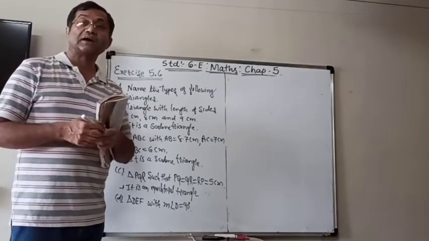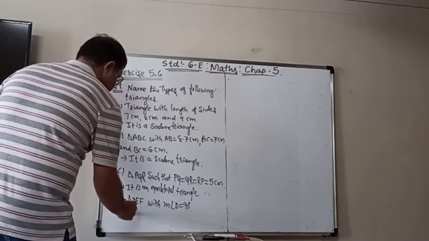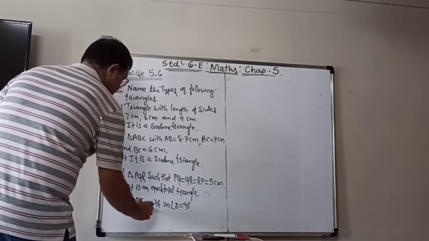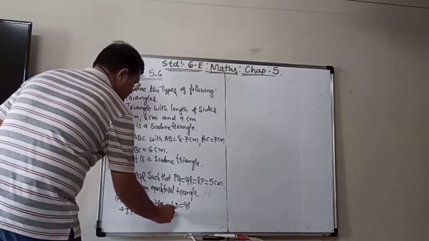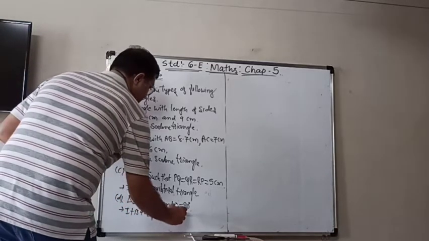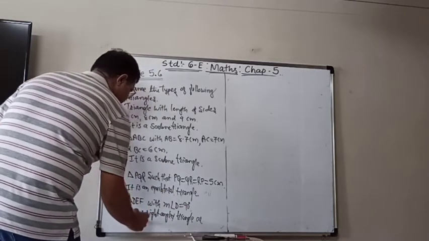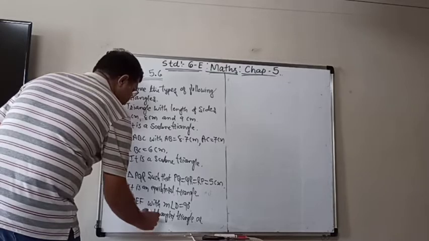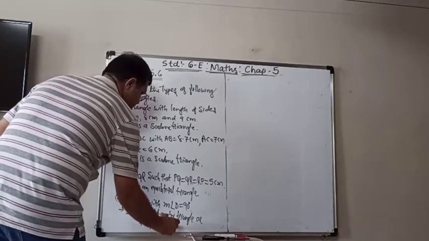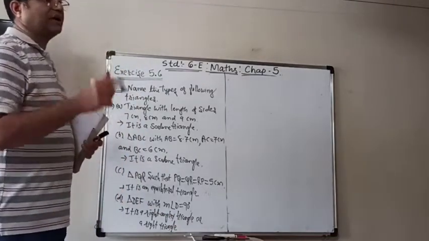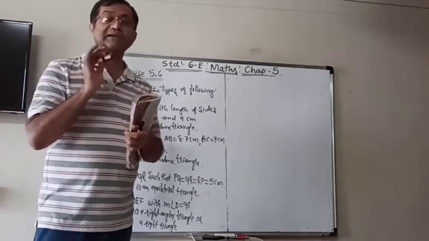It is a right angled triangle. Or you can write it as a right triangle, in short. So when one of the angles is 90 degrees, it is known as a right angled triangle or right triangle.